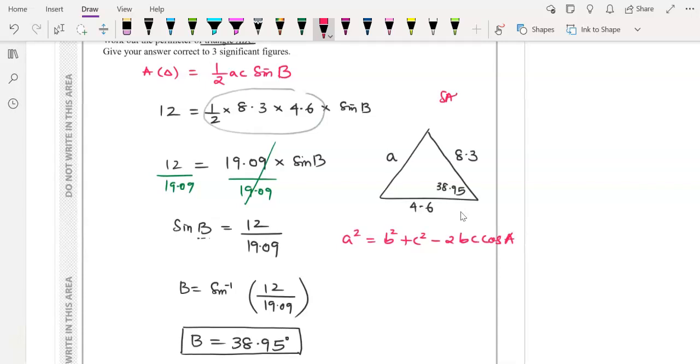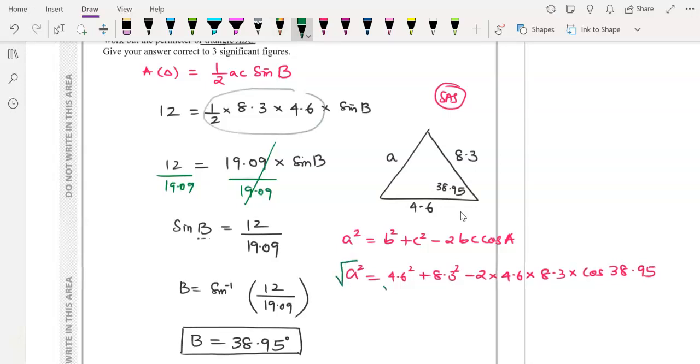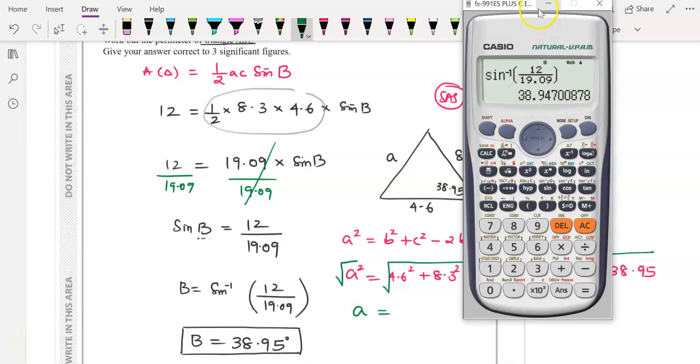So when it is SAS, we can use this formula to find the side which is opposite to the given angle. Let's substitute. So 4.6 square plus 8.3 square minus 2 times 4.6 times 8.3 times cosine of 38.95. Now this is A square. To find the value of A, you take square root of both sides. So square root of A square is A, and this whole thing we'll put in the calculator.